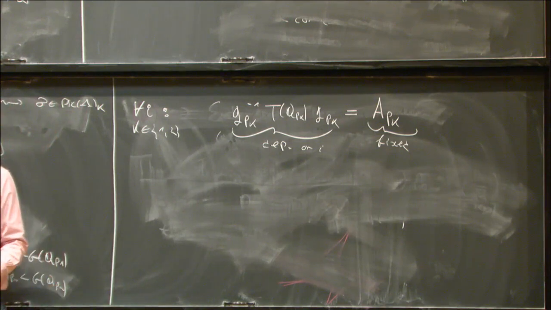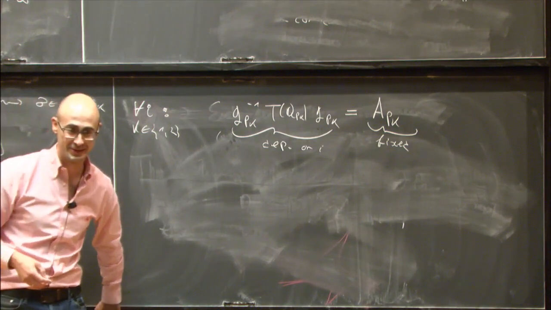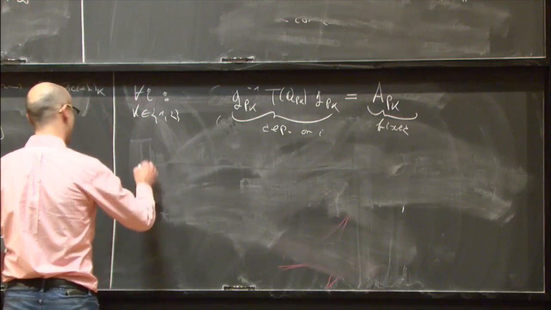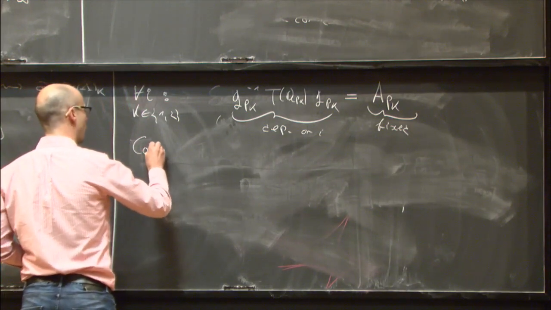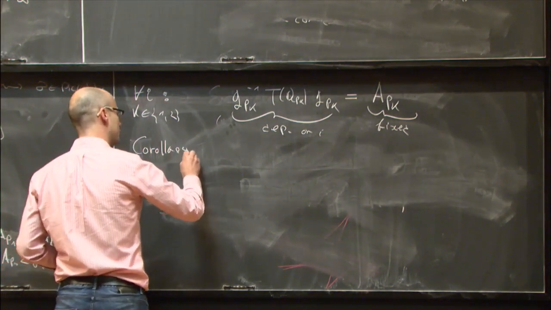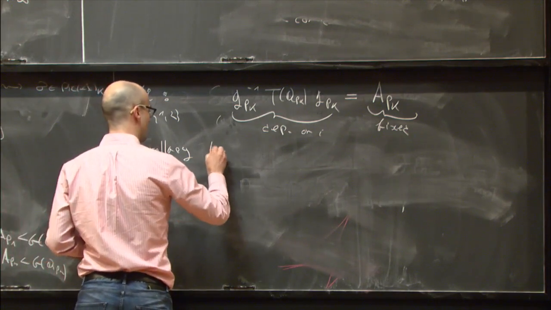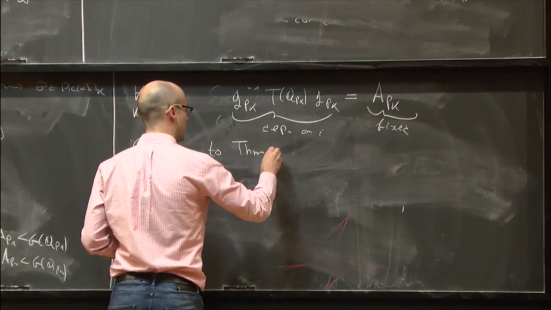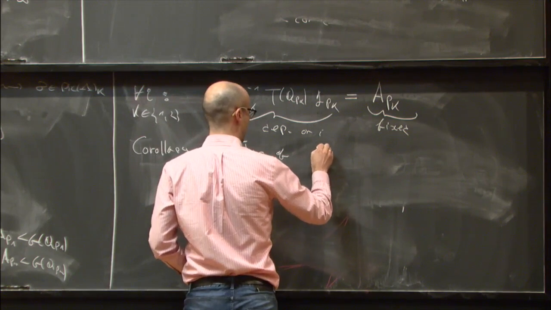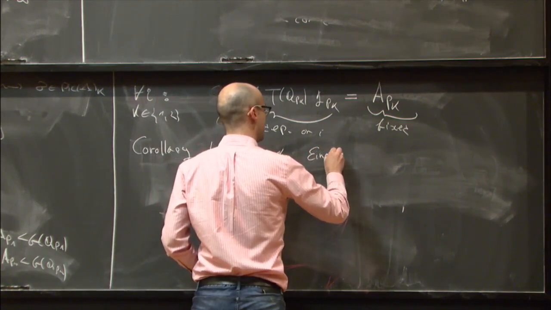So I don't know if someone was here at the mostly lectures in 2015. Elon Lindenstrauss gave a lecture about a theorem of his and Einsiedler about joinings of tori. So that's what we are going to use here. So we are going to state a corollary to the theorem, which is more general than what I'm saying, of Einsiedler and Lindenstrauss.